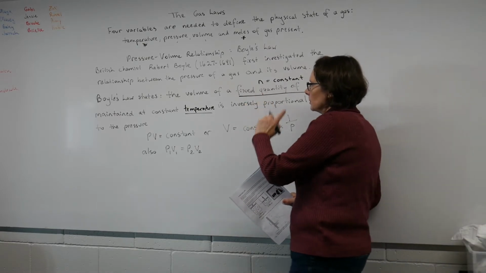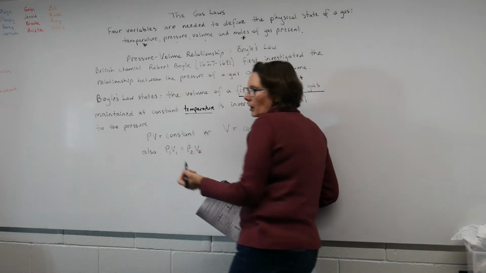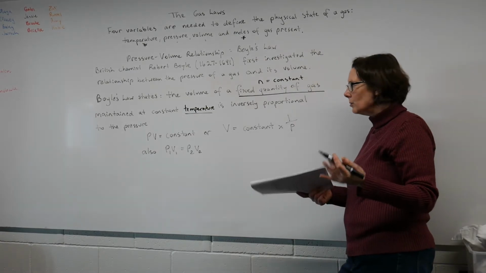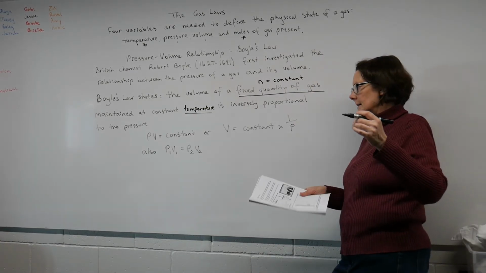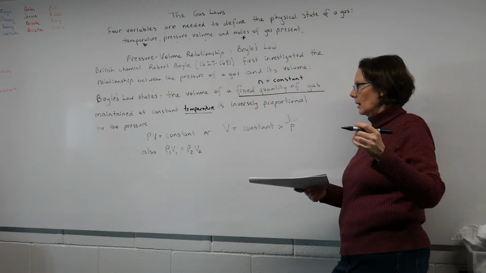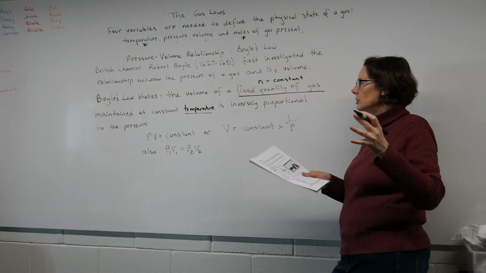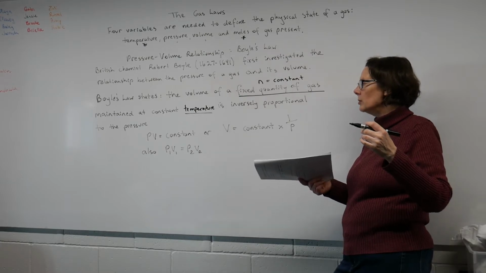Okay, so what this means is that if I multiply the pressure and the volume, I will get a constant value, as long as the temperature is the same and the number of moles is the same.